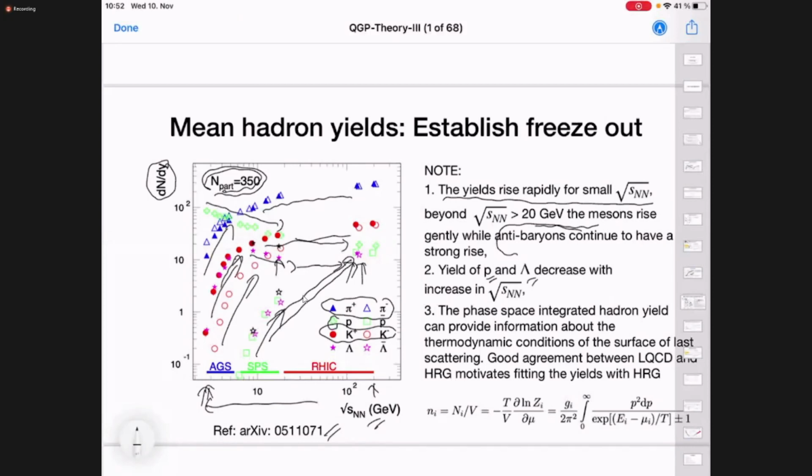And then, in terms of our thermodynamic parameters, T and mu B, it should start ringing a bell. Maybe I come to this expression and make my comment. So these are all phase space integrated yields, this is just dN/dy.